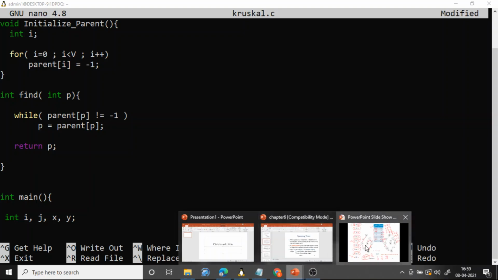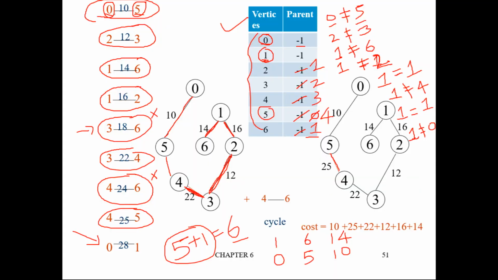I think you are able to connect it. Say for example here, if 0 and 5, initially parent of 0 is -1, so it will return 0. Or if you take this case, 3 comma 4, after updating, parent of 3 is 2, so we use that while loop.